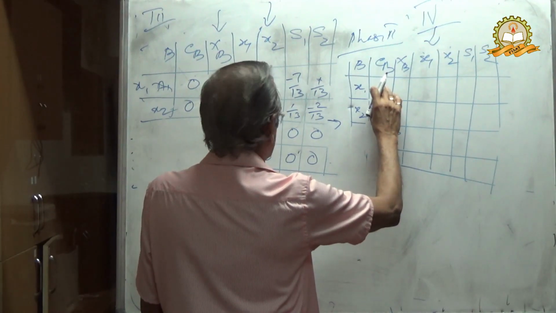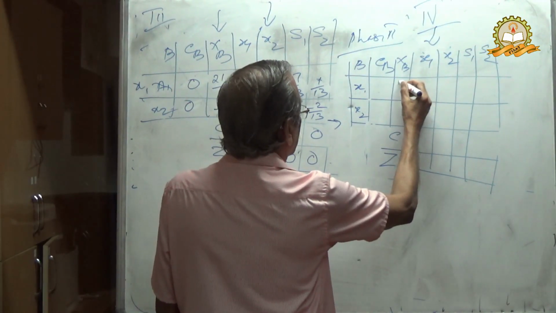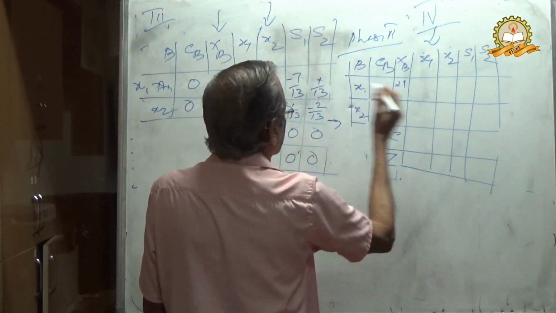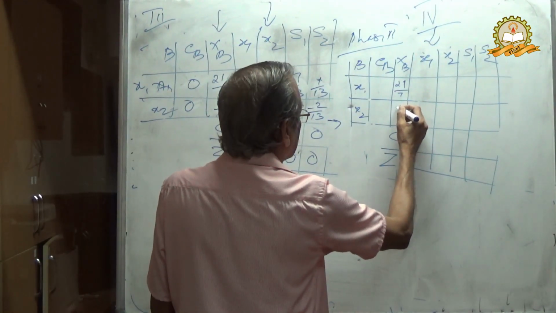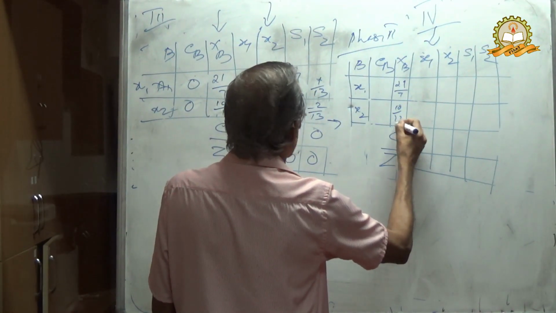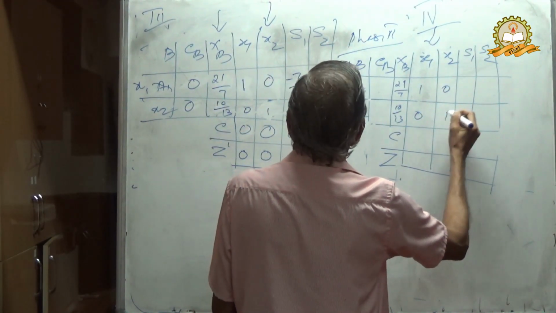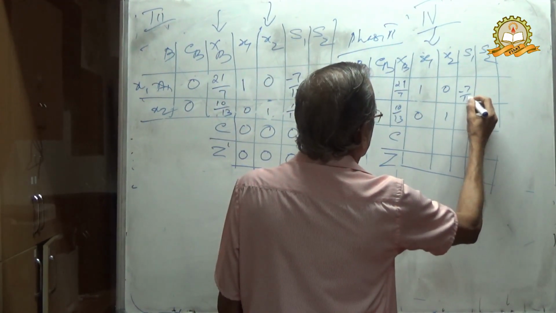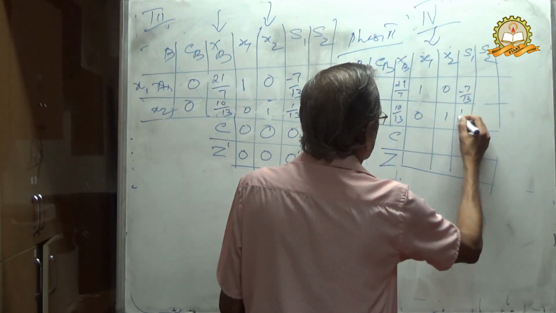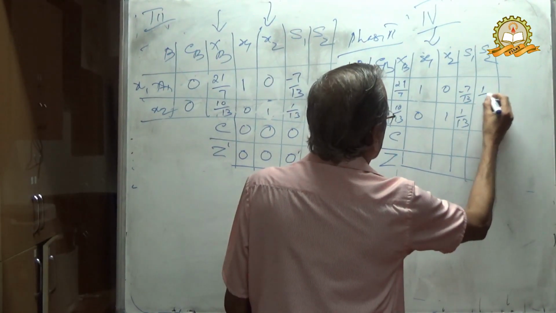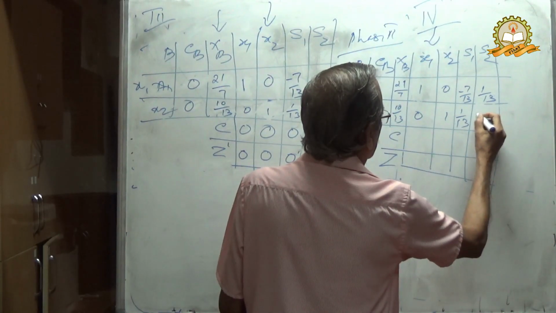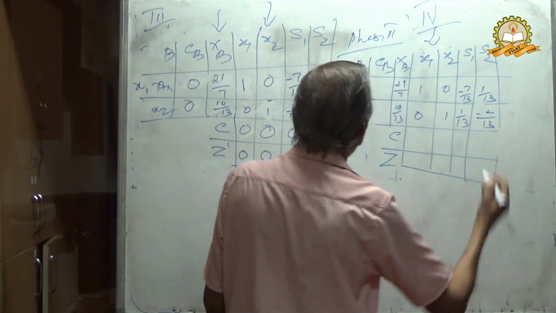Forget this column; you write 21 by 7, 10 by 13, 1, 0, 0, 1, minus 7 by 13, 1 by 13, 1 by 13, minus 2 by 13.